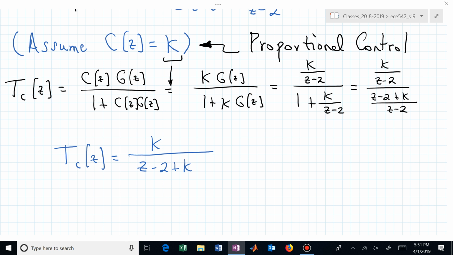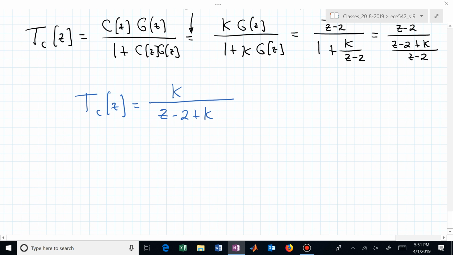Now we have k as an adjustable parameter, and how will our closed loop dynamics be determined from this closed loop transfer function? What are our closed loop dynamics?